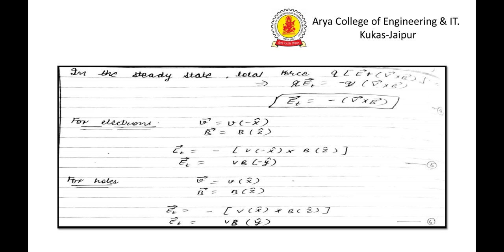And for holes, similarly, E_T vector is equal to minus of v x cap cross B z cap. Then by using cross product property, E_T vector is equal to vB y cap. Means downward electric field is developed for electrons and upward electric field is developed for holes.